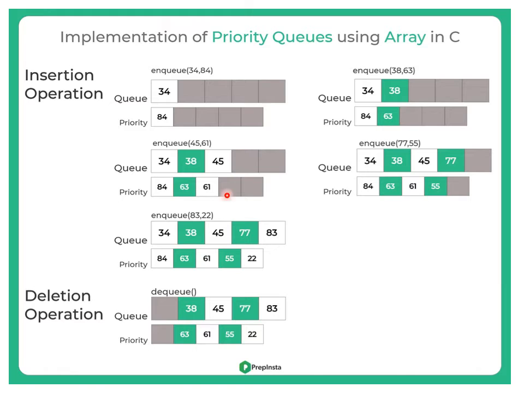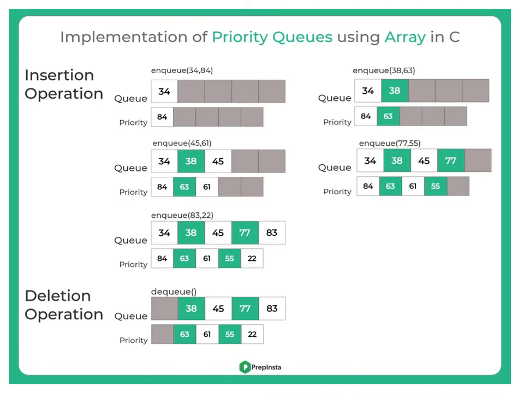Next I am inserting 77 and 55. Next 83 and 22. You can see this is the priority queue: 34, 38, 45, 77 and 83. This one is in ascending order and this one is in descending order. The same has been shown here.